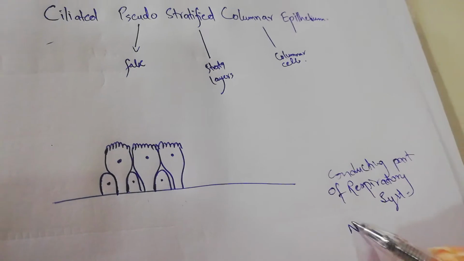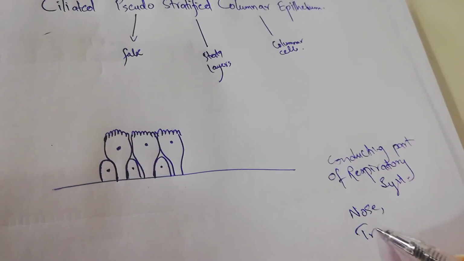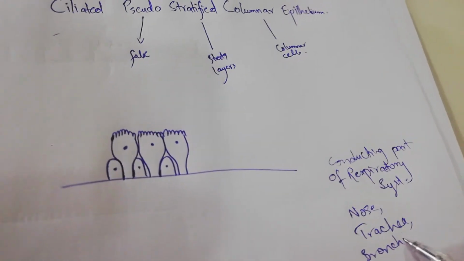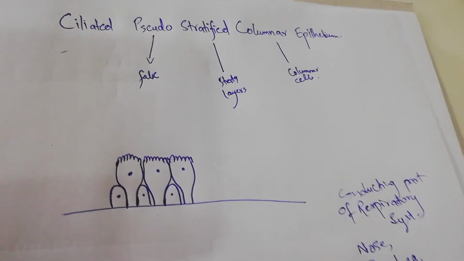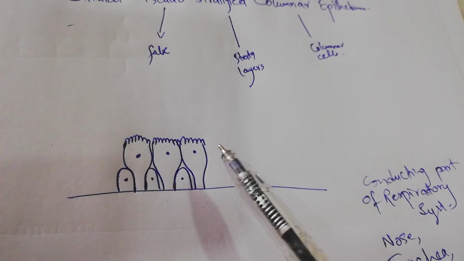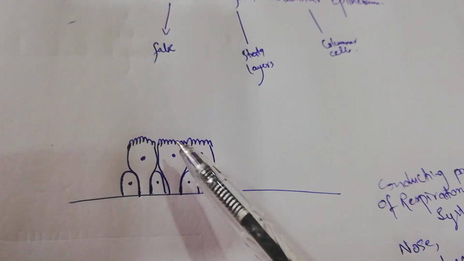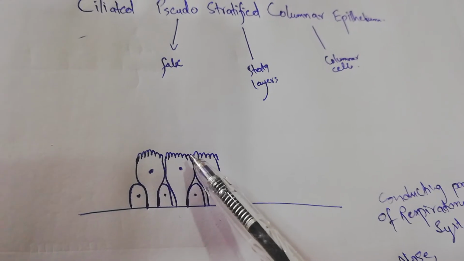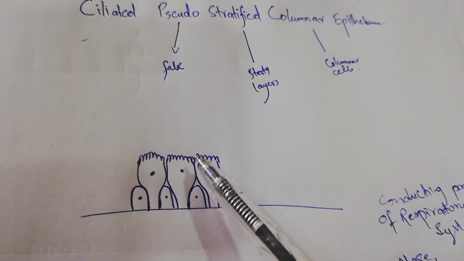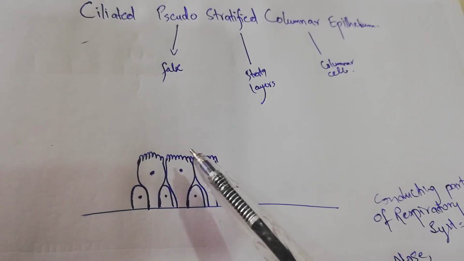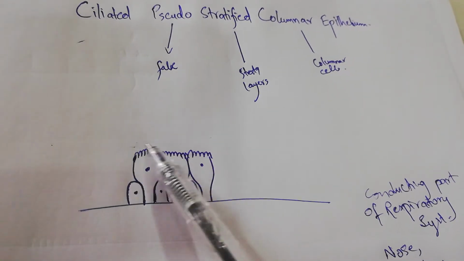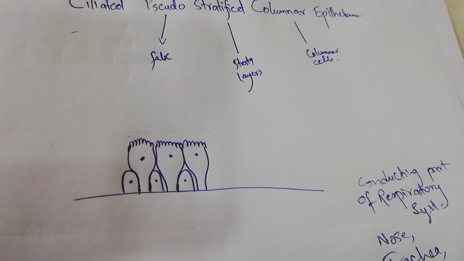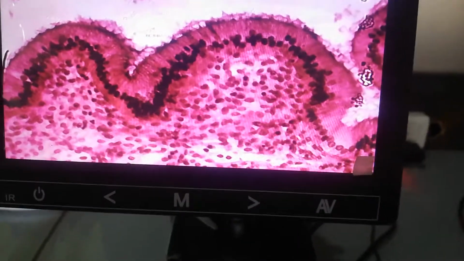This includes nose, trachea, bronchi. So this kind of epithelium is found in the conducting part of the respiratory system, and the function of the cilia is to sweep away any dust particles or bacteria or anything which is mixed with the mucus lying above this layer. Okay, so now let's see the histology of this.